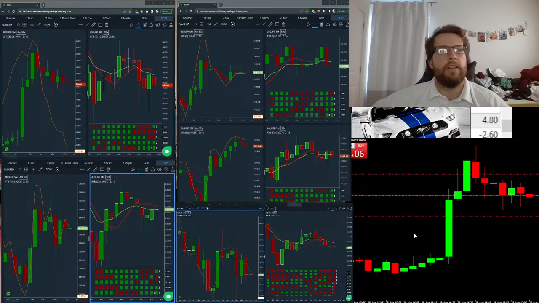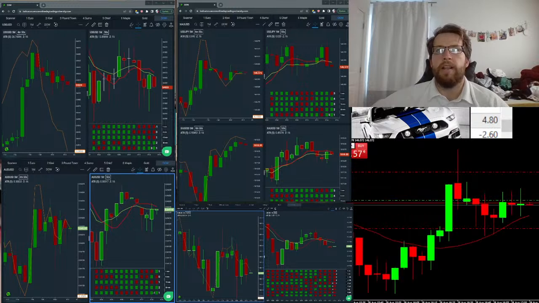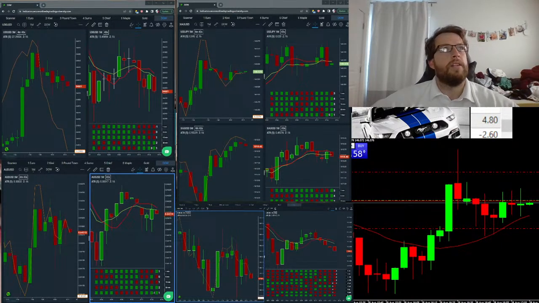The Dow's kind of hanging out where we got in. The Dow went back, the yen went back down, and it's kind of hanging out where we got in as well.